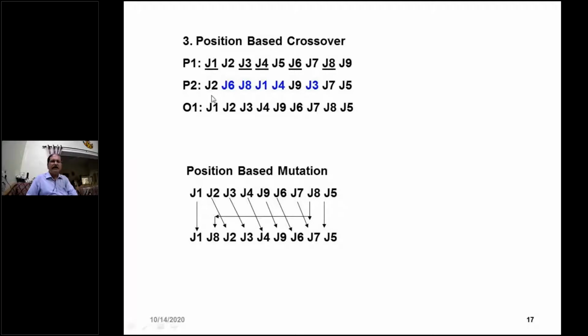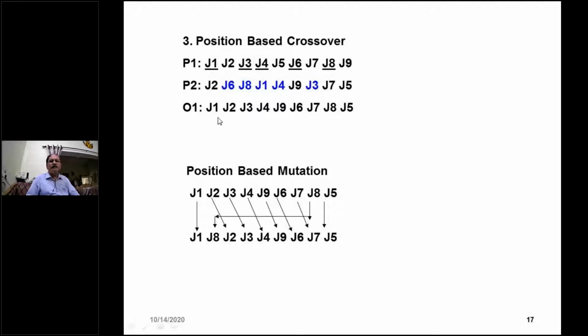To write J1 here, then J2, J3, J4, these positions are not going to change, and for J5 you write J9 from the second parent. We are concerned with J2, J9, J7 and J5 because these are not selected. These positions are to be changed, and these positions are not selected in P1.